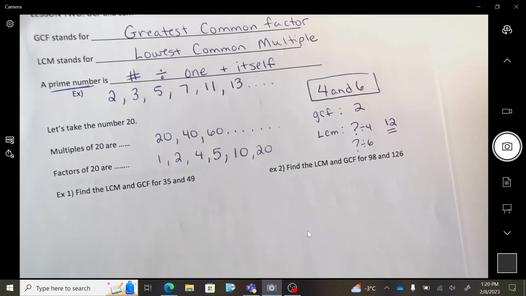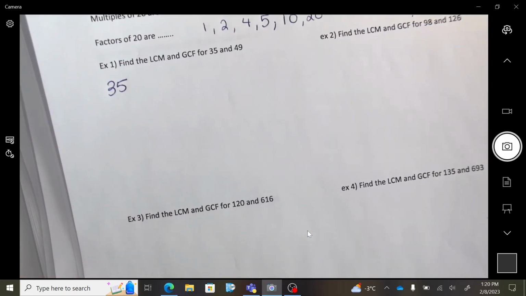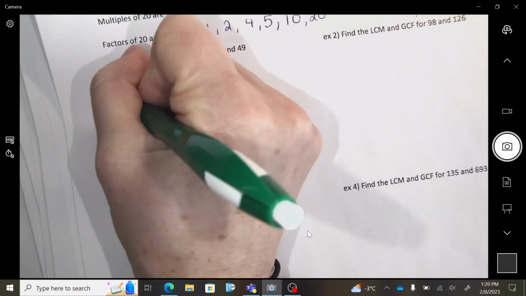Okay, here we go. Find the LCM and GCF for 35 and 49. We're going to start with 35. I'm going to start with the lowest prime number. Is this divisible by 2? No. Would it be divisible by 3?